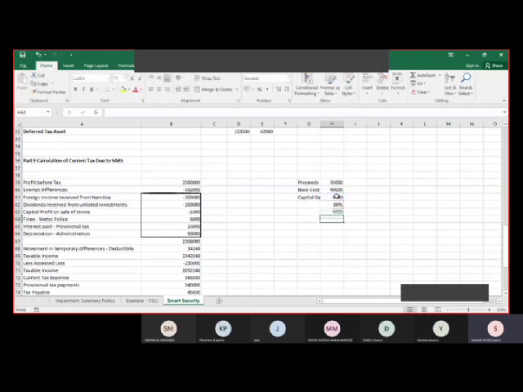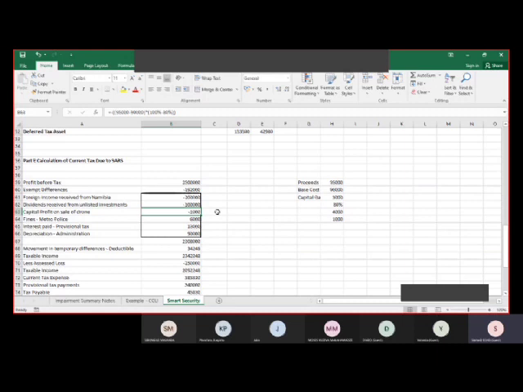This difference is of a permanent nature, meaning SARS is not going to tax you on this 1,000. That's why we are separating it, because our profit includes this 1,000, so we must take it out because it's not going to be taxed.